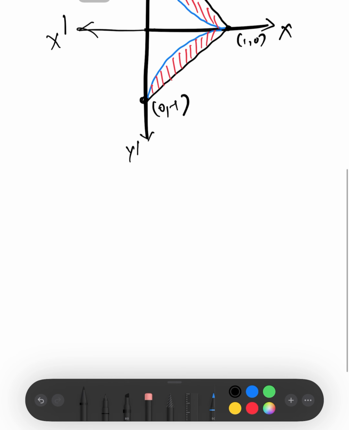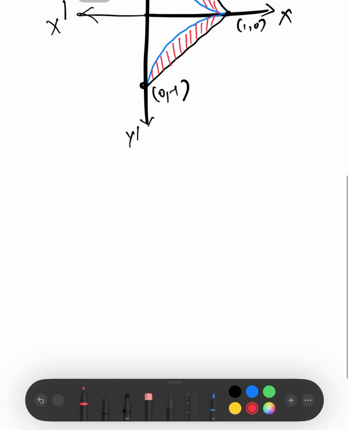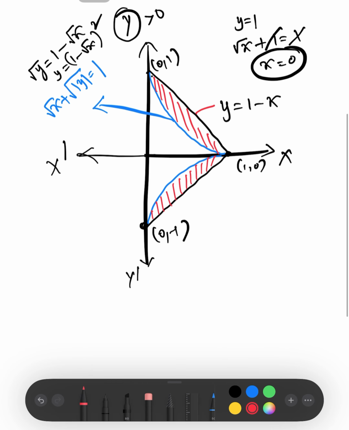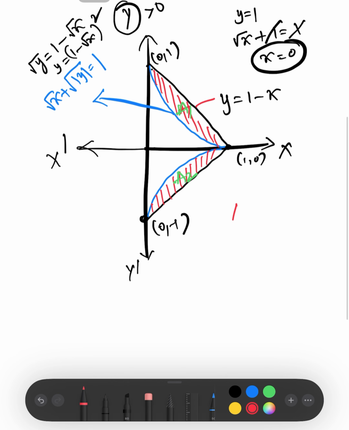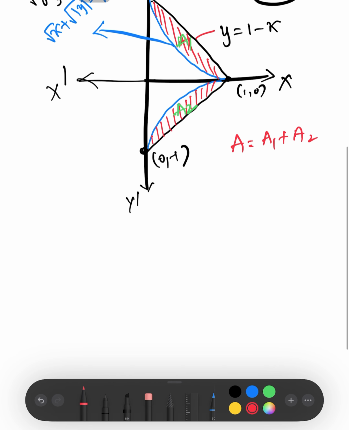Now if you want to find that area, let me say this is a1, and if this is a2, then the area A is a1 plus a2, and anyway a1 is equal to a2. Now to find a1, the boundaries are from 0 to 1, upper minus lower.